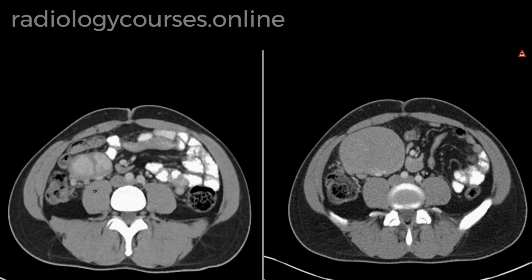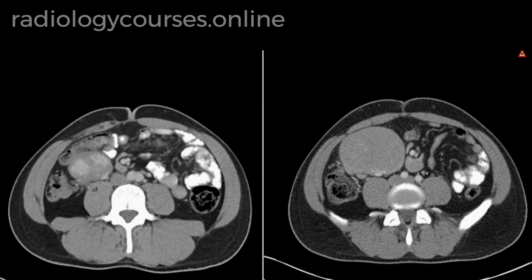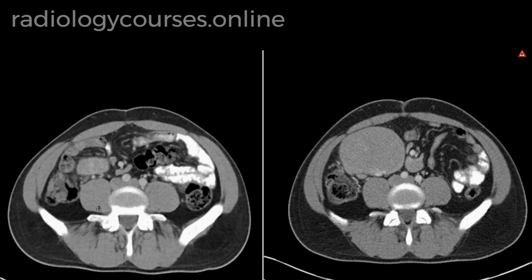I do not think increased density or enhancement in the reducing size lymph nodes indicate a rapid progression or rapid transformation of low grade lymphoma to high grade lymphoma.